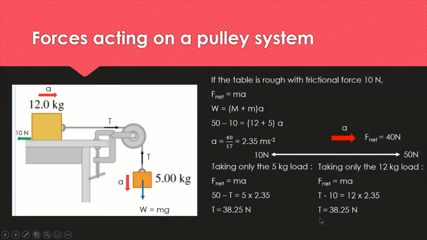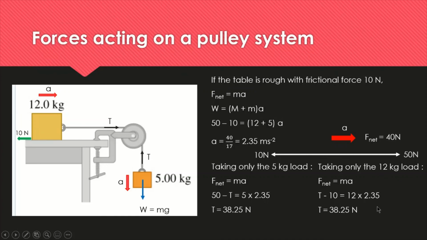Okay, so from here T is again the same answer, 38.25. So it does not matter whether we take this side to calculate the tension or the other side, both will give the same answer.